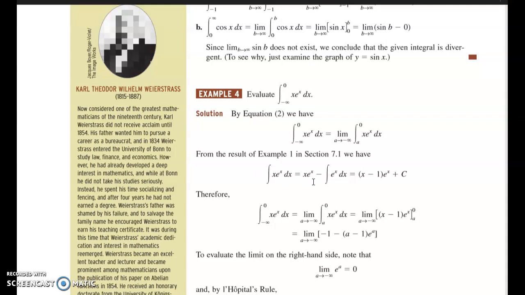So we have integral of x e raised to x equals x e raised to x minus integral of the derivative of x times the integral of e raised to x, that is integral e raised to x dx, that's equal to x minus 1 into e raised to x plus c.